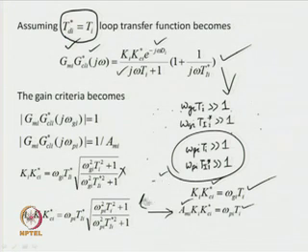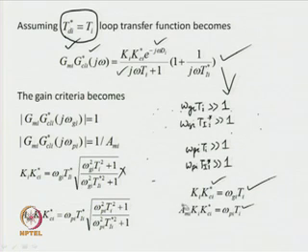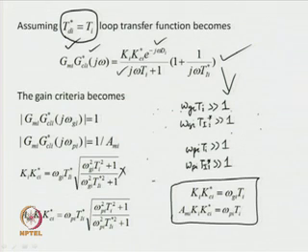Now, with these choices of gain and phase crossover frequencies, it is always possible to get simpler equations like this from the gain criteria. So, the two gain criteria here will be used later to find simpler expressions for the unknown parameters of the new PID controllers.